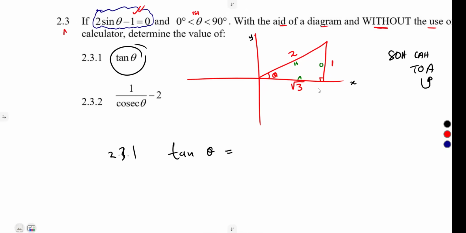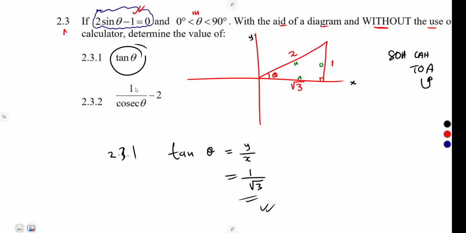These are the y values, the opposites. The adjacent, these are the x values. So that's opposite, it's 1. Adjacent, that's square root of 3. So you can leave it like that, or you can simplify it further by rationalizing. It's going to be square root of 3 over 3 if you multiply by square root of 3, both numerator and denominator, or just leave it like that.